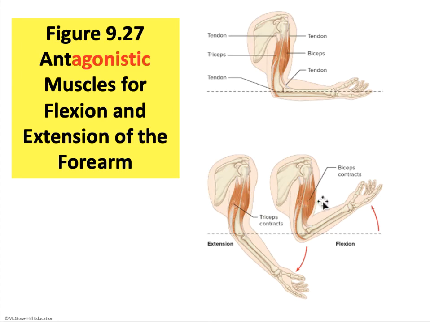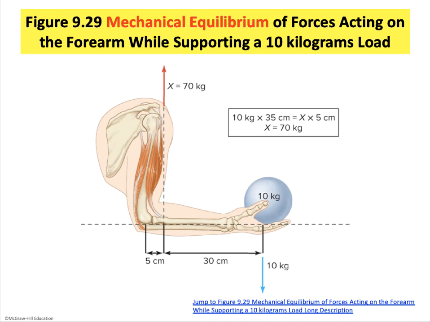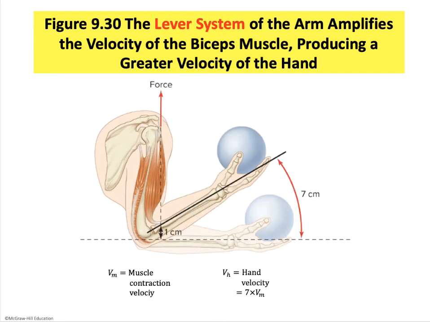And all over the body, you have these antagonistic muscles acting against each other. Simple physical principles can be applied to the way that muscles exert their force, their tension. In this example, the bicep acts as a fulcrum, as do many locations throughout the body in conjunction with the skeleton and the use of tendons.